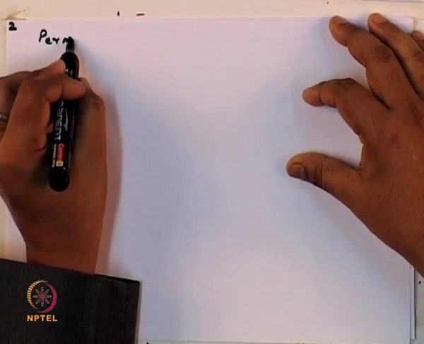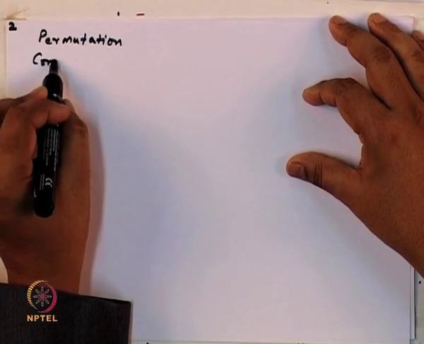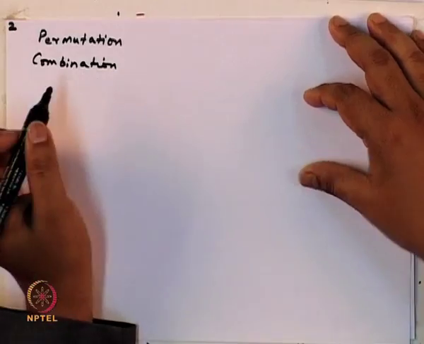Okay. So, in order to calculate the probability of an event E, what you have to do is a good exercise of counting all the possibilities, and that brings us to permutation and combination respectively. Permutation and combination.